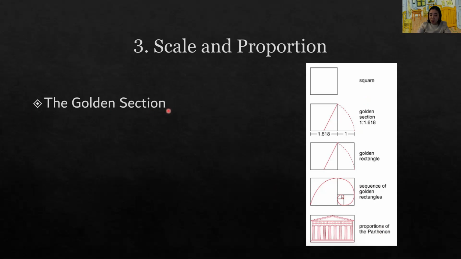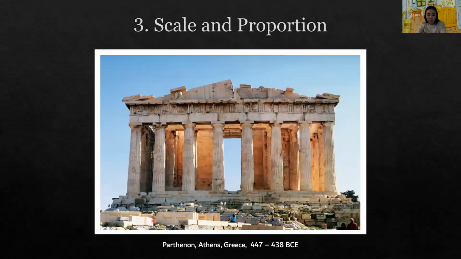The golden section is a unique ratio of a line divided into two segments so that the sum of both segments is to the longer segment as the longer segment is to the shorter segment. So the result is 1 to 1.618.